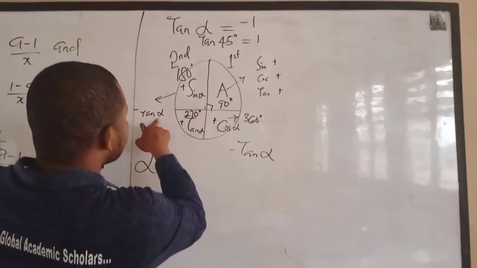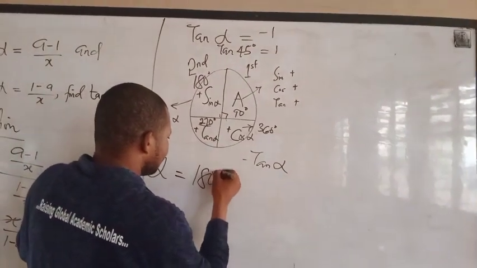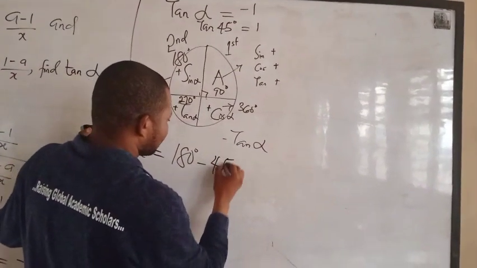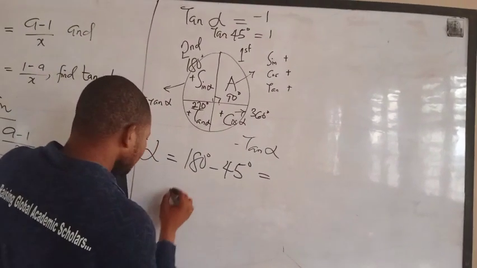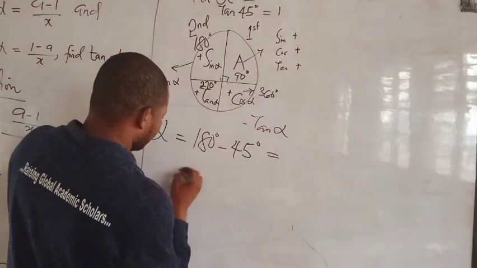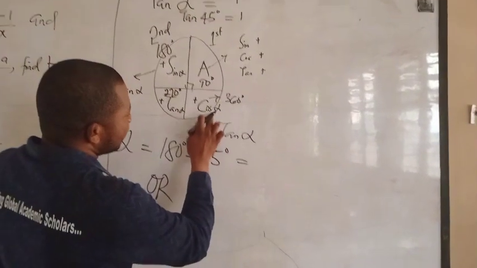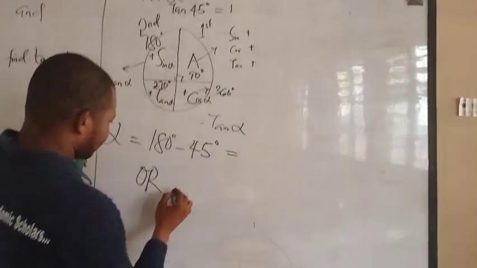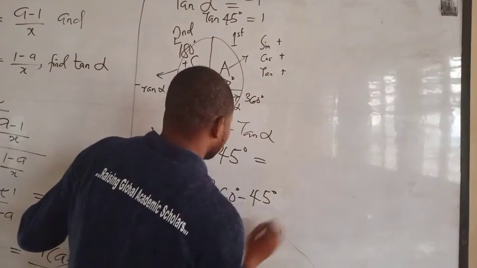Tan is negative at 180 degrees, so it will be 180 degrees minus 45 degrees. Or, instead of using "and", or, where is the point where tan is also negative? It is at this point, and the angle there is 360. That is 360 degrees minus 45 degrees.